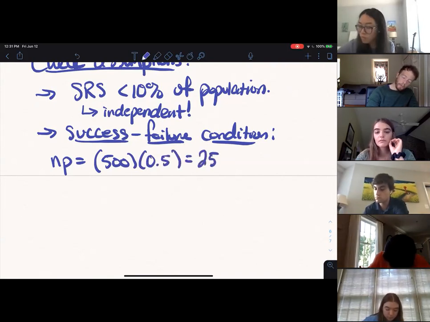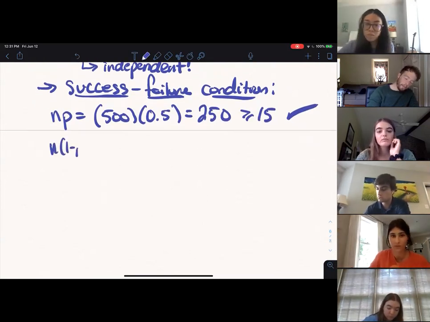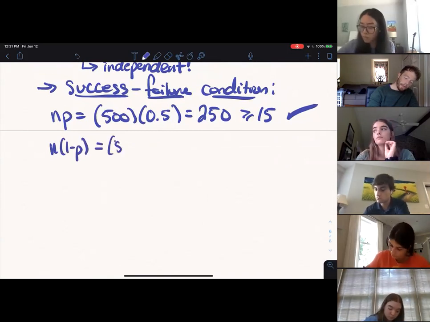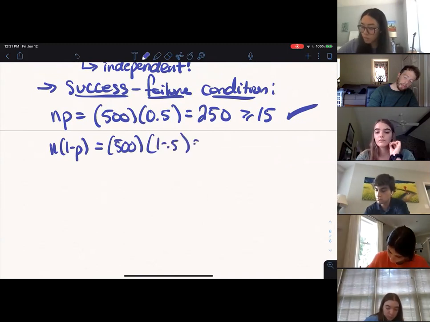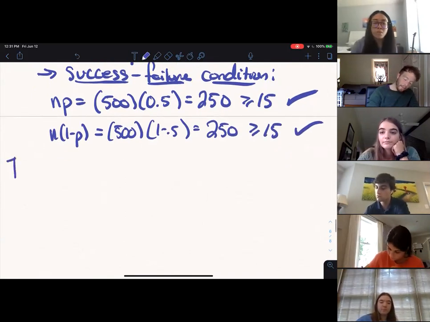So this is 250, which is indeed greater than or equal to 15. We're good. Let's check the other one. It's equal to 500 times 1 minus 0.5, equal to 250, which again is greater than or equal to 15. All right, very nice. Success failure condition is satisfied.